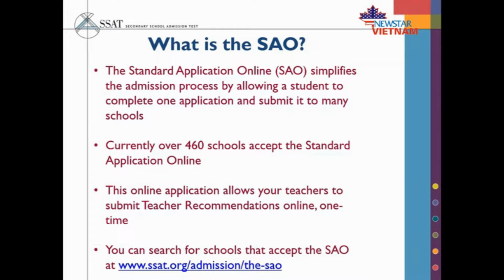So the actual format that you're using isn't necessarily the important piece of the process. It's simply getting your application in the door. So rest easy knowing that when you're using the standard app online, it is viewed in just the same way a school would look at their own application if they had their own online application or any other format that they may accept.